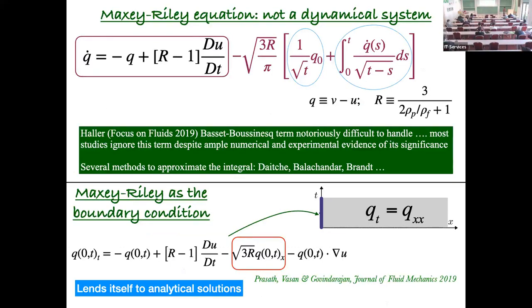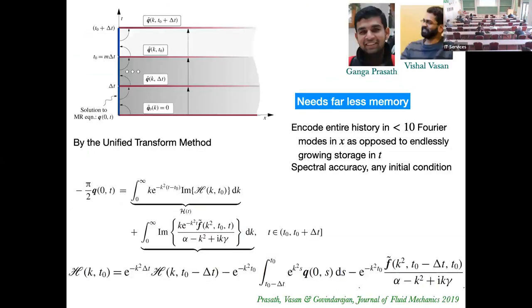When X is equal to 0, you get a condition which comes out of the Dirichlet-Neumann map of this thing. When you write the Dirichlet-Neumann map, you see that this Robin boundary condition imposed on this time boundary at X equal to 0 is exactly the Maxey-Riley. So if you solve this, you've solved the whole thing.